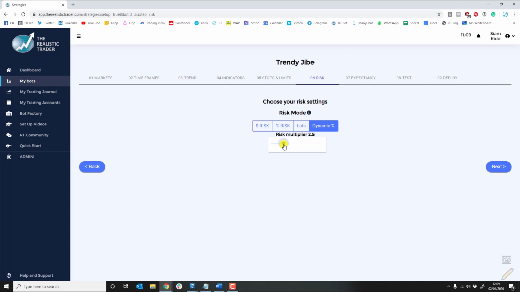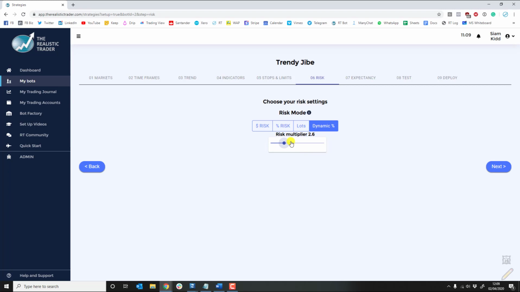Every time the bot finds a new trade, that trade has an expectancy. So if it comes up with an expectancy of, say, 0.1, it'll do 0.1 times 2. So then your trade will be 0.2, as in 0.2% of your whole account.